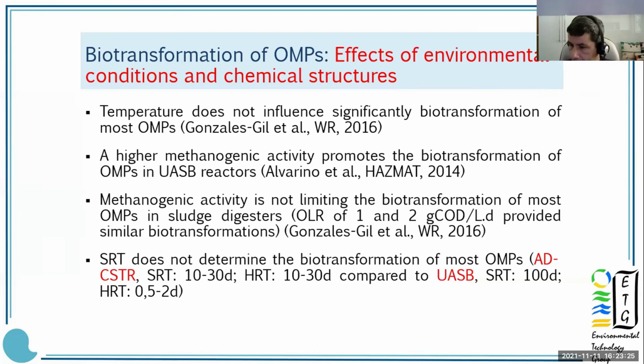And the sludge retention time also did not show any difference when we compare the high SRT and HRT of CSTR anaerobic digesters to the UASB reactor, where we know the SRT is much higher.